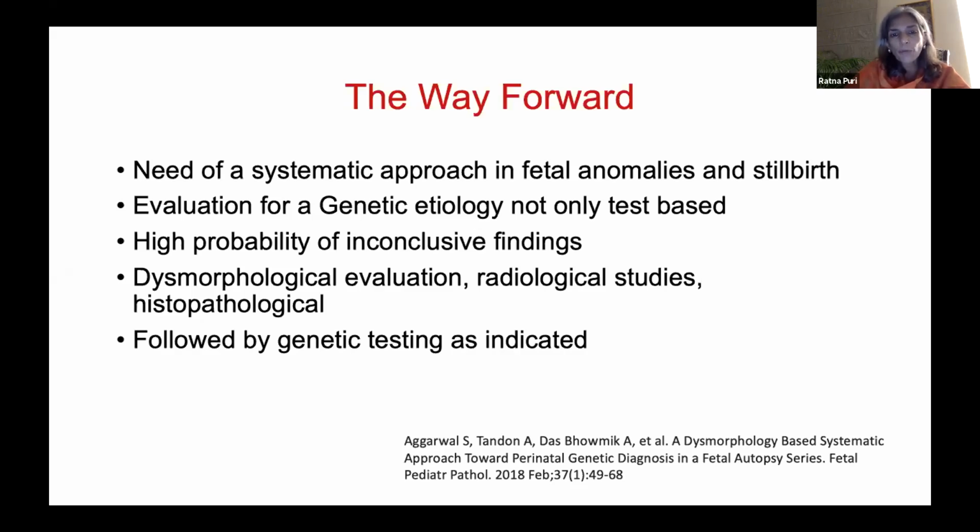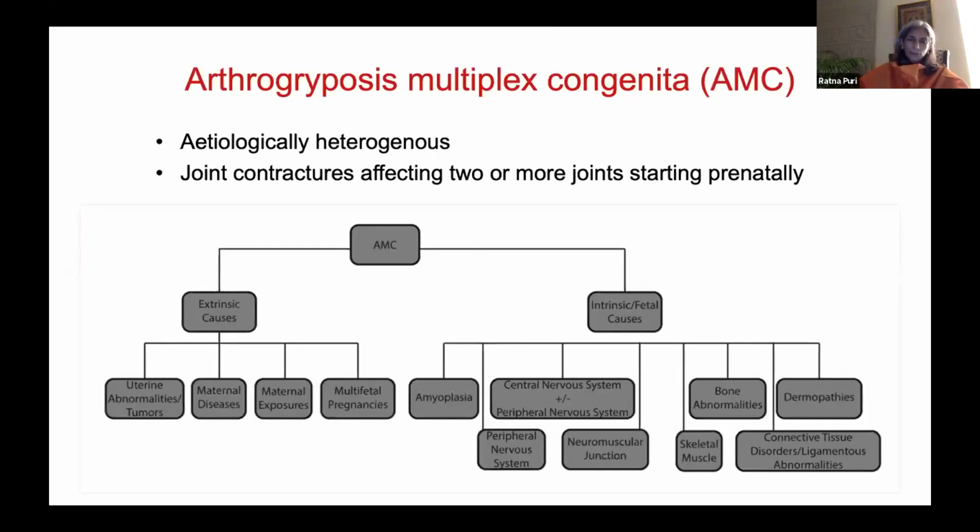Therefore, you need a dysmorphology evaluation, you need radiological studies, histopathology, followed by genetic testing in a very systematic manner. Now, we know that arthrogryposis multiplex congenita is etiologically heterogeneous. It may be non-genetic, or it may be of genetic origin. And even within the genetic origin, it goes from the brain to the nerve, to the muscle, to the connective tissue, and to the joint.